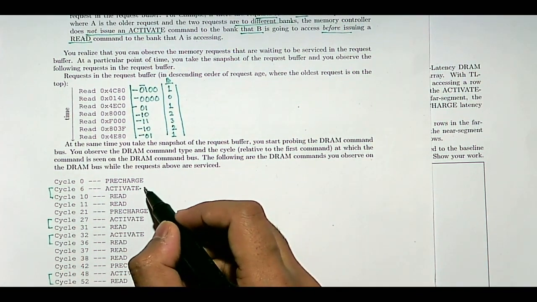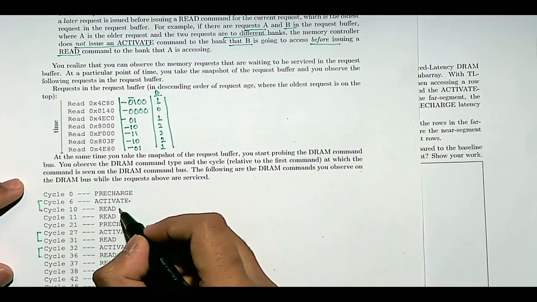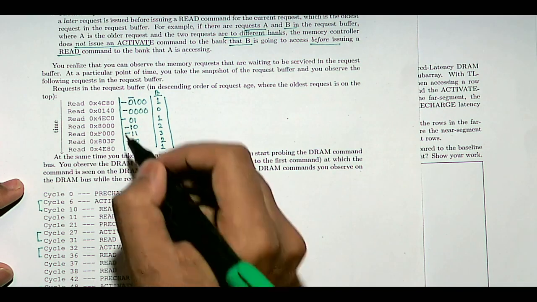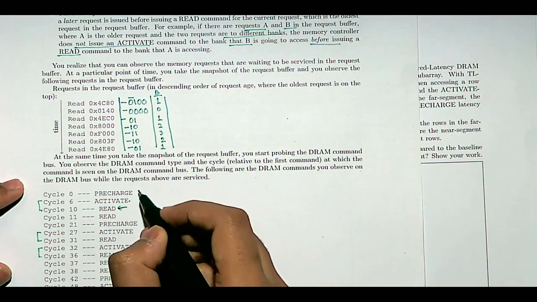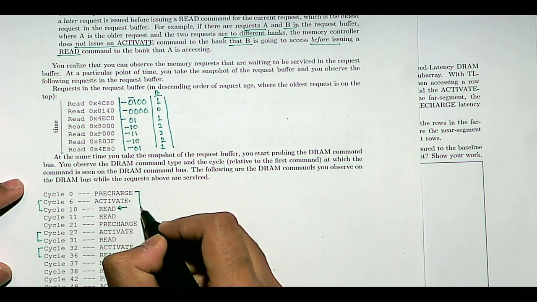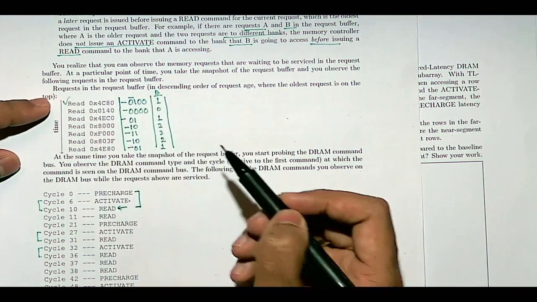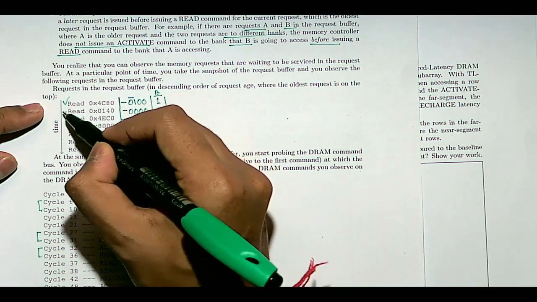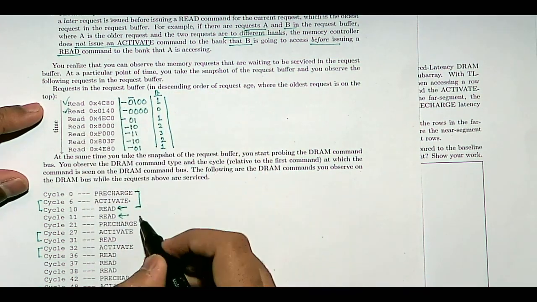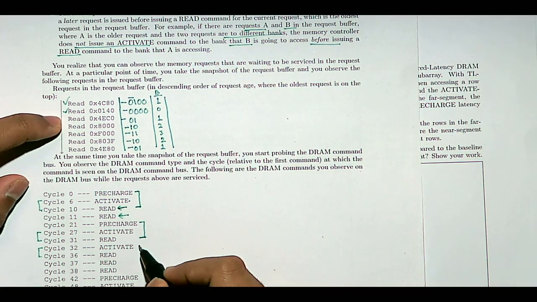The reads are happening for all of these accesses. If we categorize these accesses, these three commands happened for the first access, then this command sequence happened for the second access, then the third three-command sequence happened for the third access.